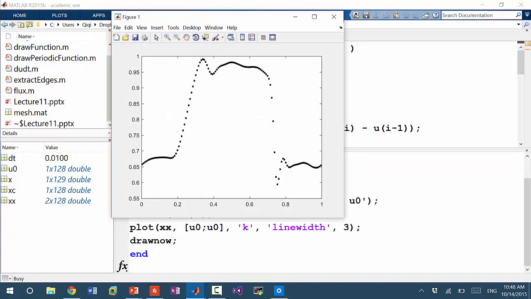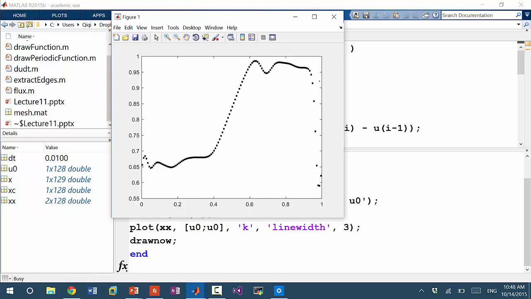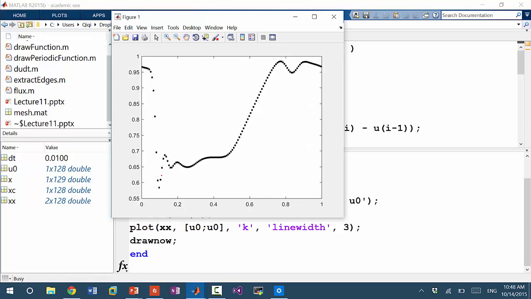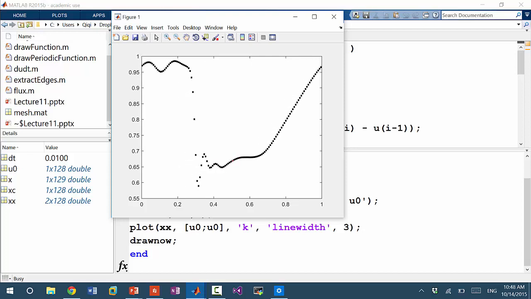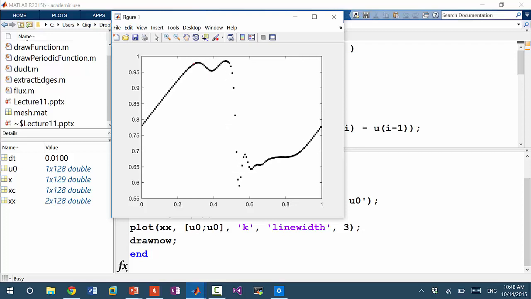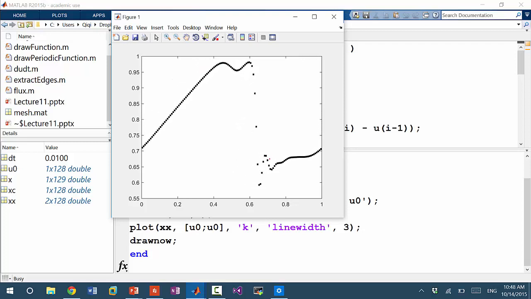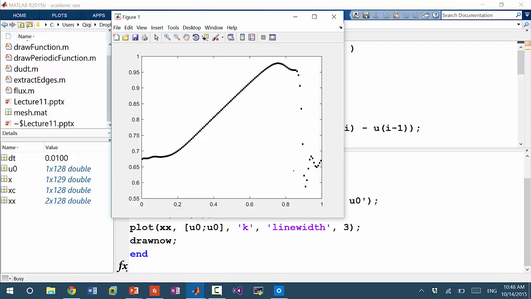So we can see that instead of a straight shockwave, we have something like a shockwave with a lot of non-physical oscillations. And instead of an expansion wave, we also have some overshoots over here. This part is what we don't like.